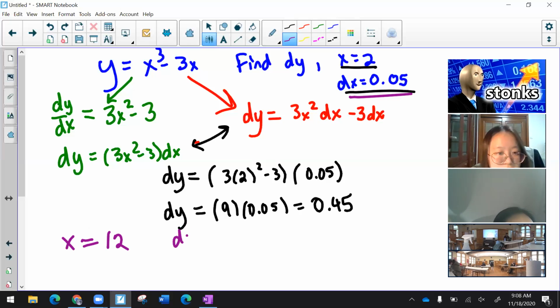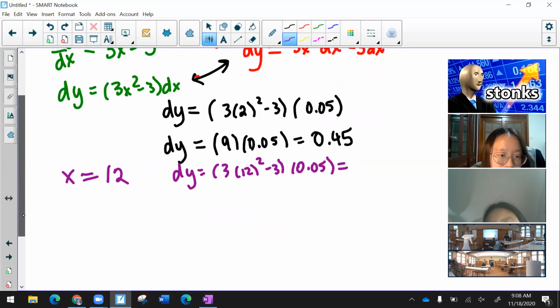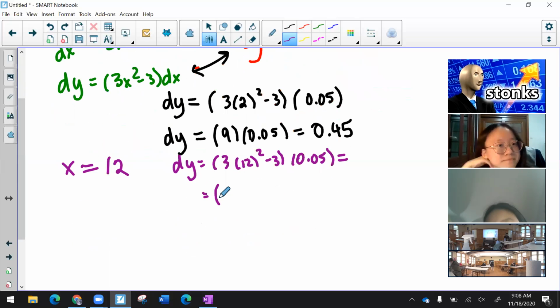Then my dy is going to be 3 times 12 squared minus 3 times 0.05. We're going to need calculators for this because 12 squared is 144, but I don't know if I can do 144 times 3 in my head.